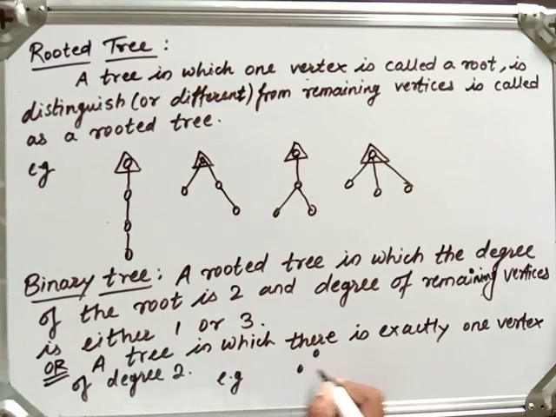Suppose this one as such. So here this is a root. This has a degree 2, otherwise this has degree 3 here. Again this has a degree 3 and 1, right? So this is an example of a binary tree.